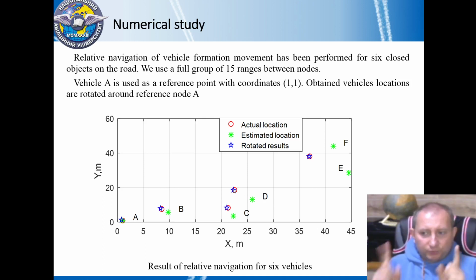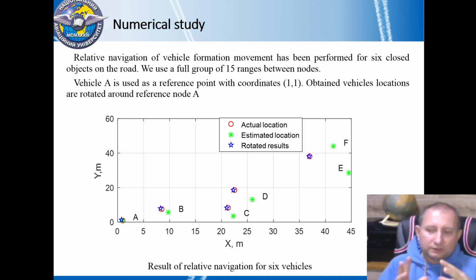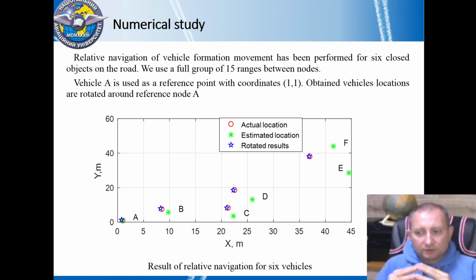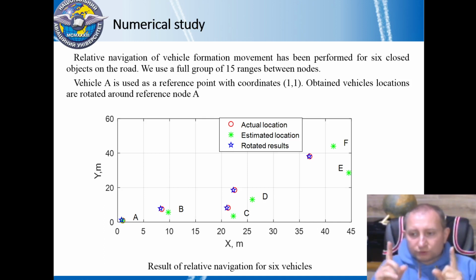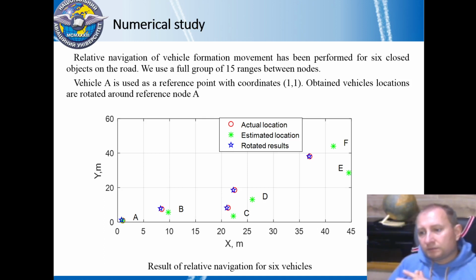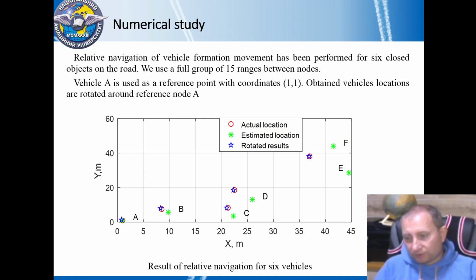That's why it is quite important that if we talk about formation movement and if we need to know the coordinates of each vehicle in formation, we need to know at least the coordinates of two vehicles. What does it mean? It means that on board of only two vehicles in formation there has to be some positioning system like a GNSS receiver.